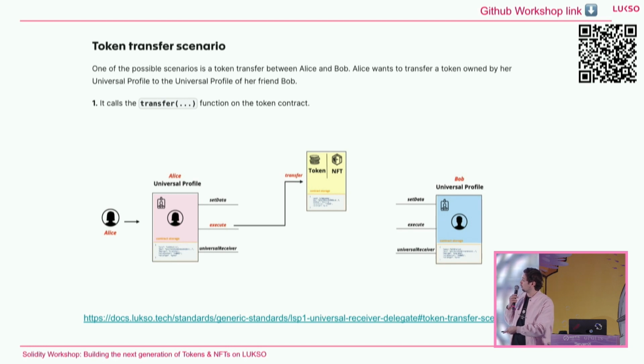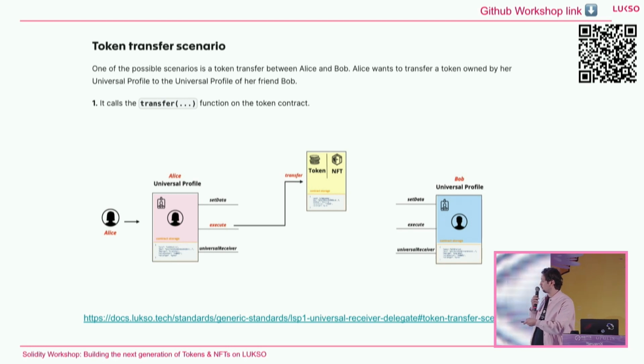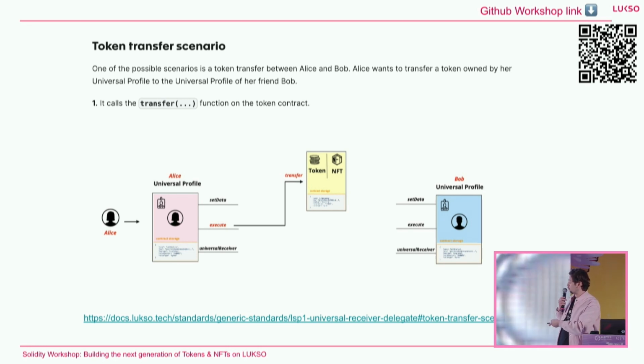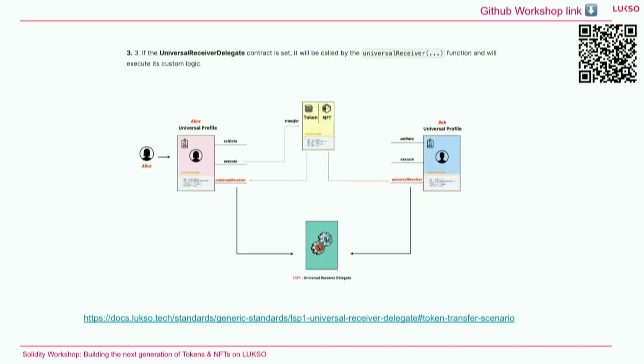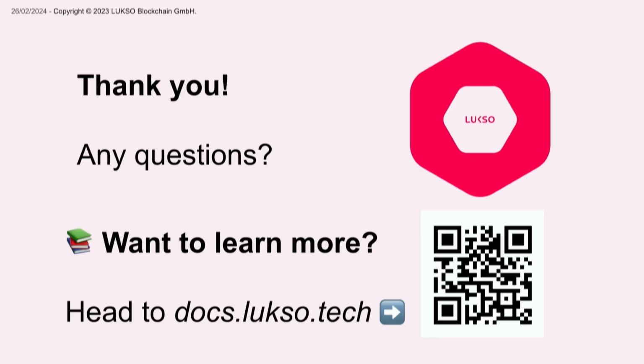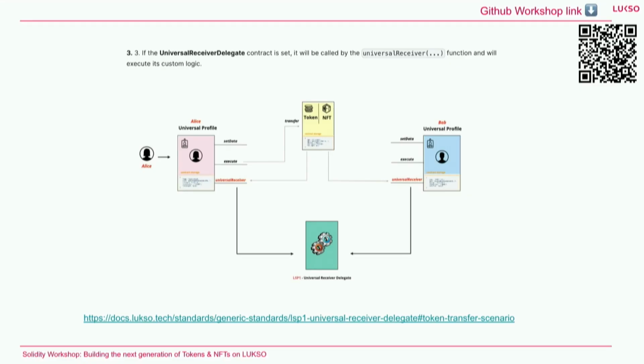Let's simulate a token transfer scenario where you have two universal profiles. One is transferring the token to another. The token contract is going to notify both the sender and the recipient. And what will happen is we have what we call an LSP1 delegate contract that is going to handle the registration of the asset on the token contract.